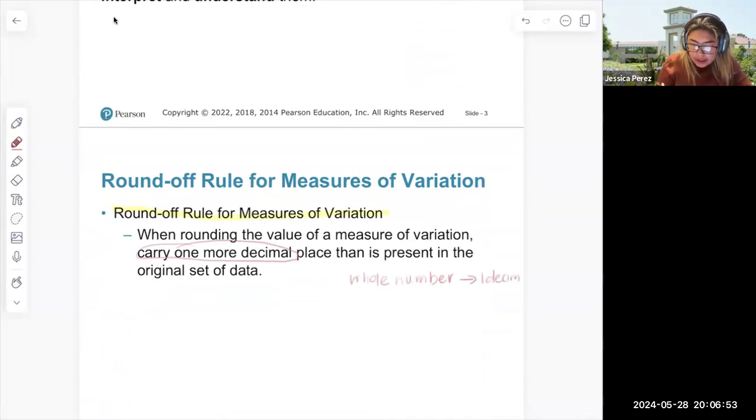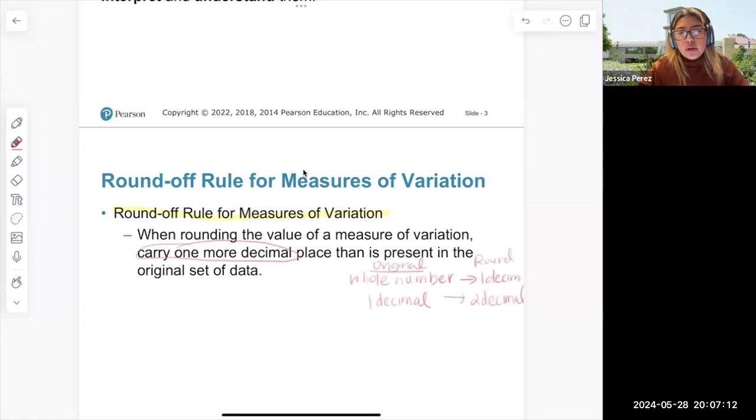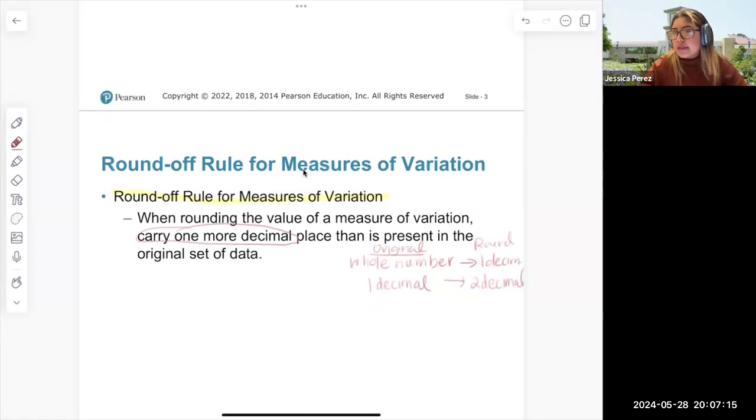If the original data has one decimal place, we round to two decimal places. So you add one more than whatever you're given.